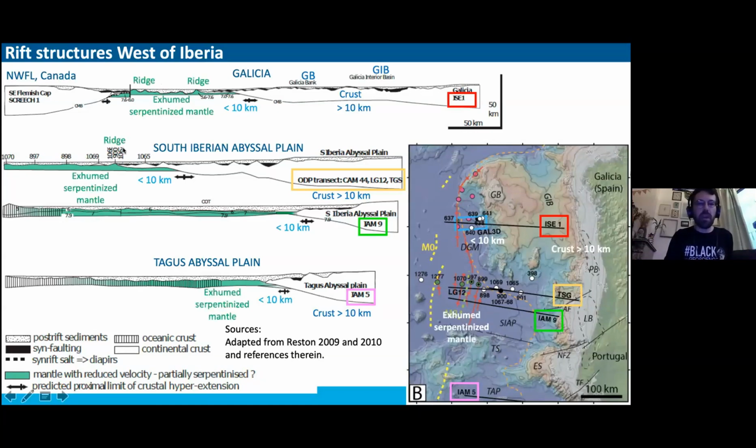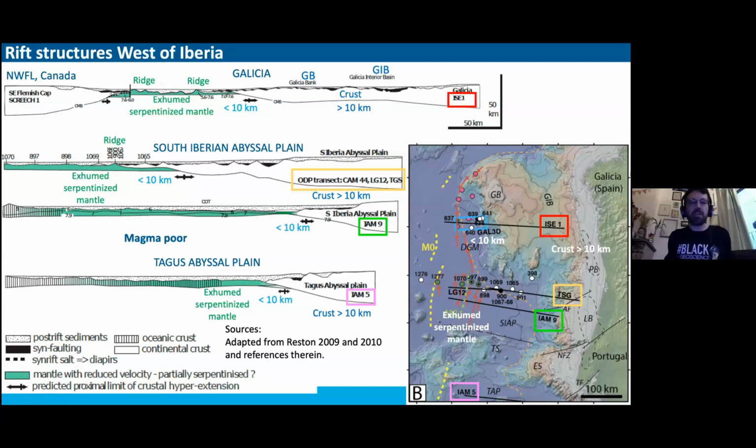And below the hyperextended crust, the mantle has been interpreted to be serpentinized, and serpentinization to continue beyond the edge of the continental crust with a large zone of exhumed mantle and local peridotite ridges that outcrop at the seafloor.